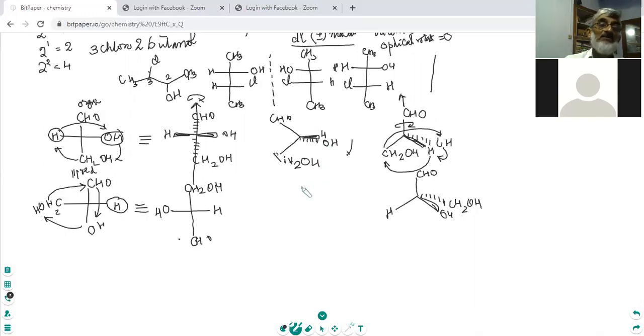Now let us look at molecules containing two chiral carbons.